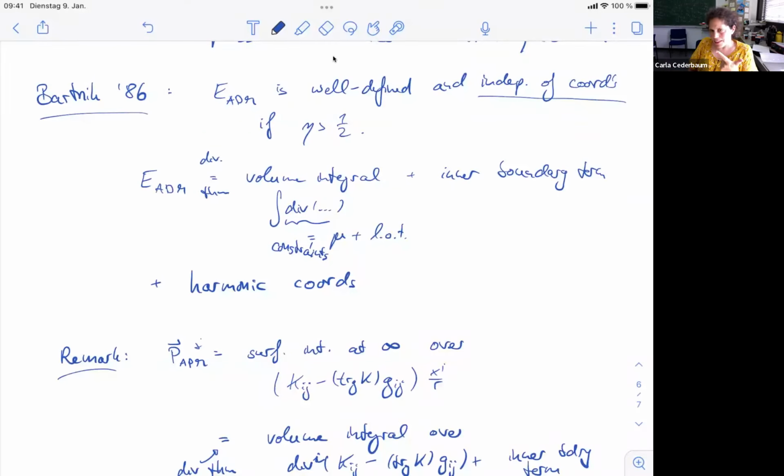And this number is independent of which coordinate chart you used, and you can compute it in any one you like. So it's actually a physical quantity of the initial data and not a quantity of the initial data with the chart you have.